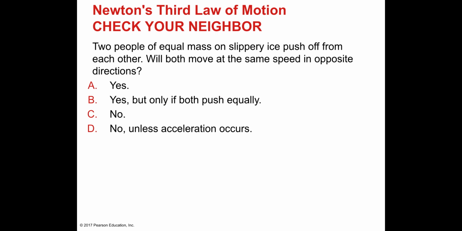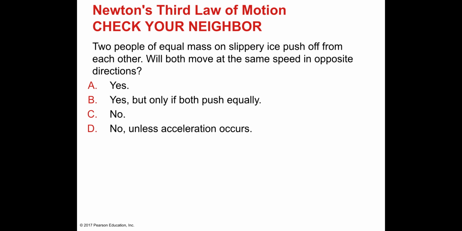Two people of equal mass on slippery ice push off from each other. Will both move at the same speed in opposite directions? Always remember that when it comes to Newton's third law, the only thing you can guarantee is that for every action there is an equal and opposite reaction.